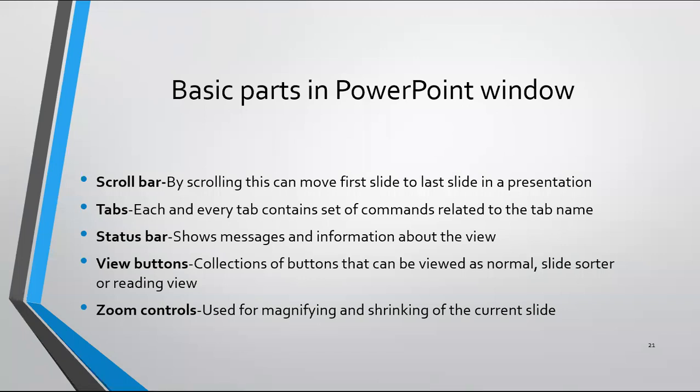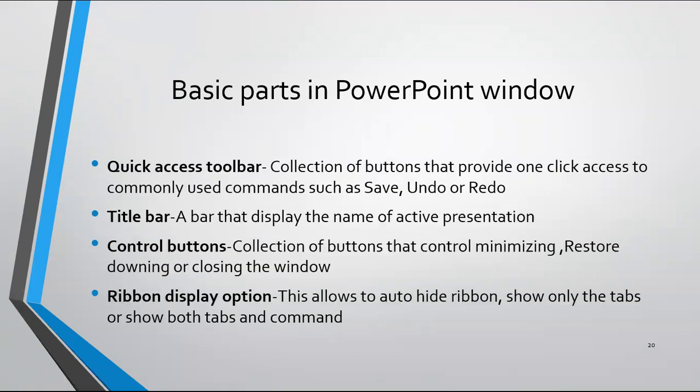Then tabs. The tabs mean each and every tab contains a set of commands related to a tab name, right? For example, the home tab. Let me show you the home tab again.